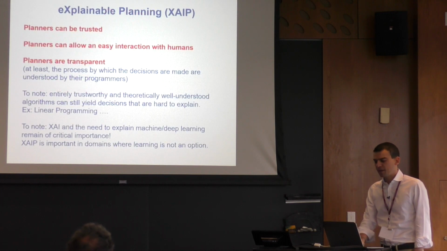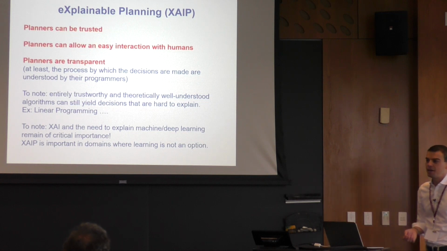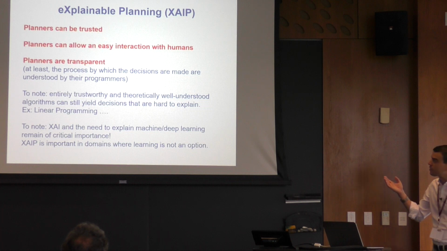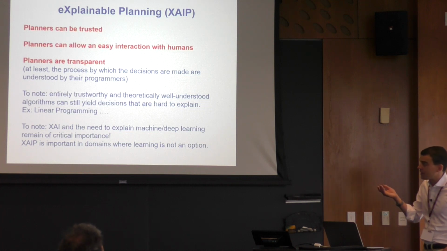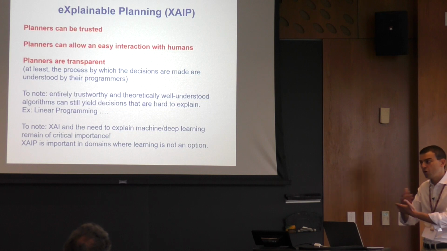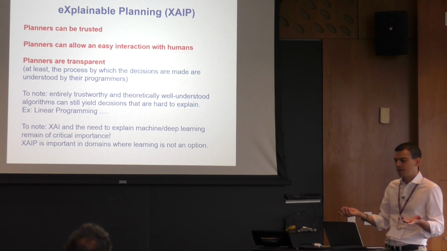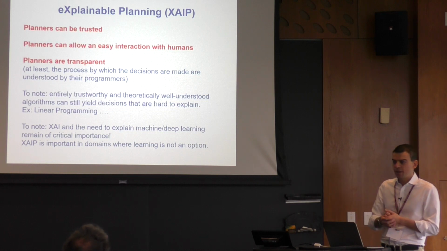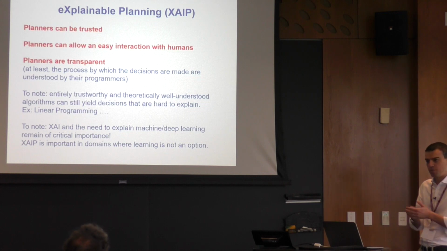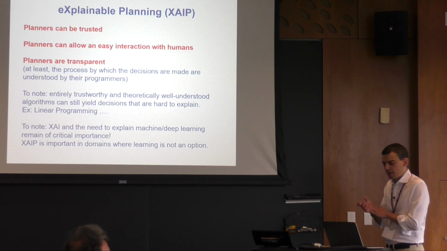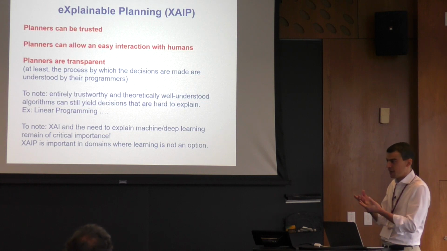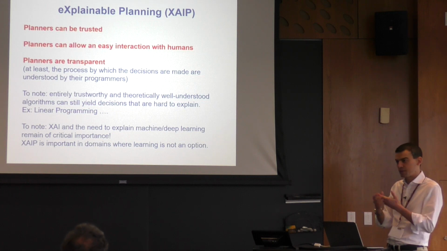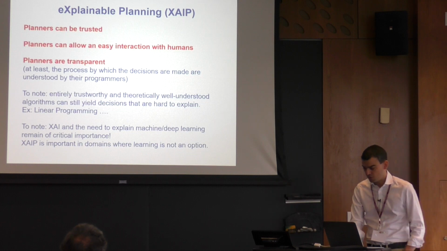Our view is that planning can be an interesting contribution in the domain of explainable AI, because planners can be trusted, planners can allow an easy interaction with humans, and planners are transparent. At least the algorithm or the process used by the planner is clear and understood by the people who program the planners. Of course, we still need to work on XAI for explaining neural networks, but still planning can be useful.